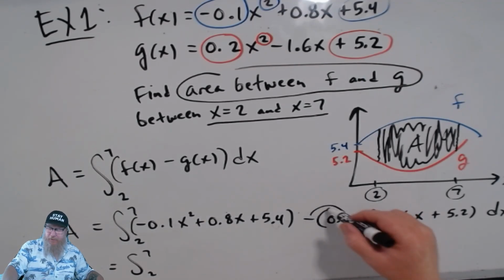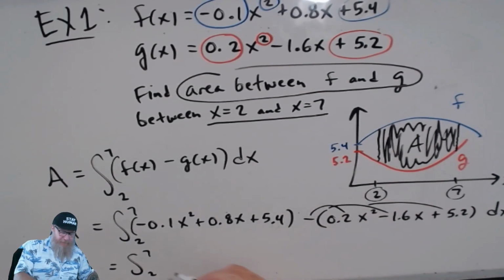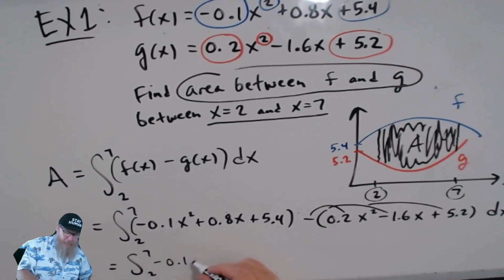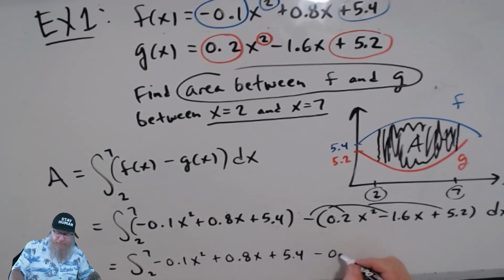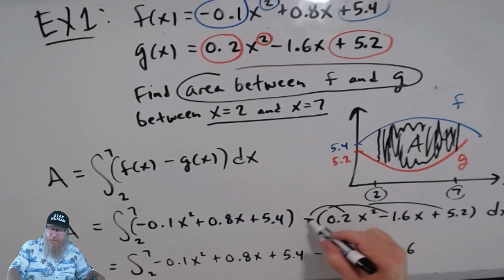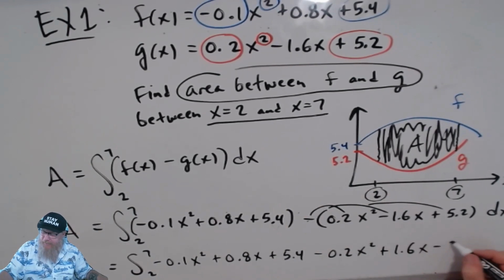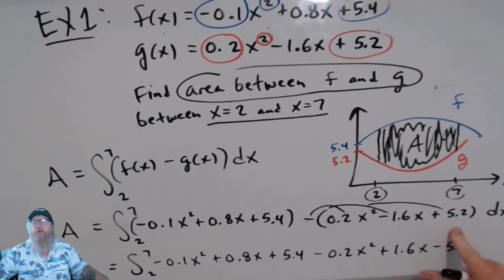I probably should have done this sooner, but I'm going to do it now. I'm going to distribute the negative. And then I'm going to combine the like terms. When you distribute the negative, it changes the signs of all the terms to the right of that.